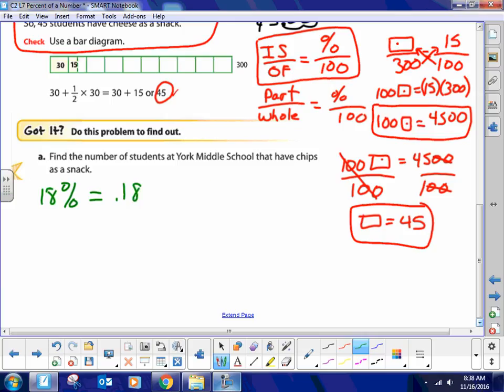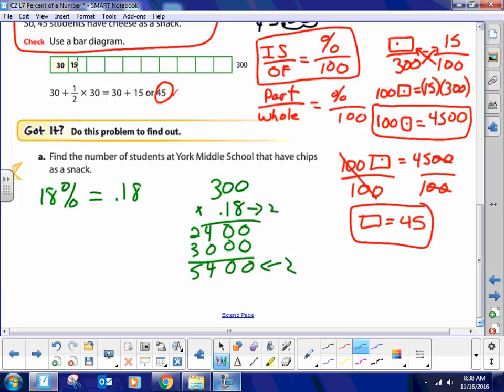All right, and then you take 300 and multiply it by 0.18. 3 times 8 is what, 24? Add a 0 because you're now working in the tens place. And you use 00, 3, 0045, right? I have to give it 2 decimal places. And it comes up with 54.